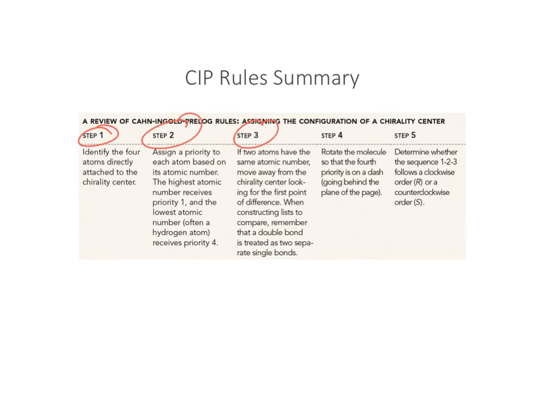And when doing this, remember that a double bond is treated as separate single bonds. 4, you rotate the molecule so that the lowest priority group is on the dash, going behind the plane of the page. And then 5, you draw your arrow 1 to 2 to 3 and figure out if it follows a clockwise R or counterclockwise S orientation.